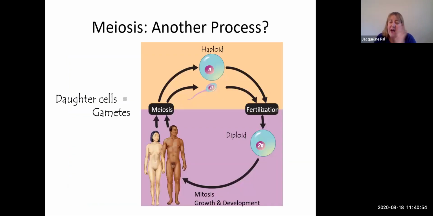So that's great, but that's not what happens when you want to have offspring. For that, we need a second process known as meiosis. And in this one, we're going to call the daughter cells gametes. So what has to happen in meiosis is we need to start with a lesser number of chromosomes.